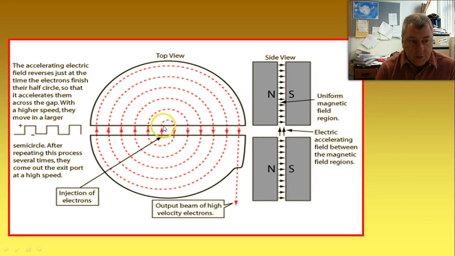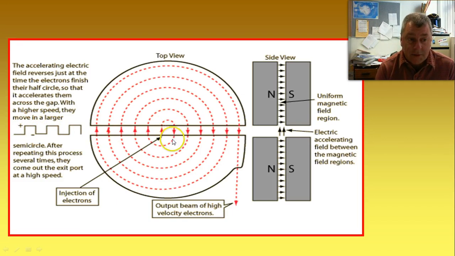So this side would be made positive, so the electron would experience force due to the electric field that causes it to accelerate in a straight line, but then it finds itself into this magnetic field, so it then goes in a circular motion with a constant velocity, because again this is all evacuated. It then finds itself in the electric field, but the electric field has reversed, and it gets accelerated again, so it comes out faster.